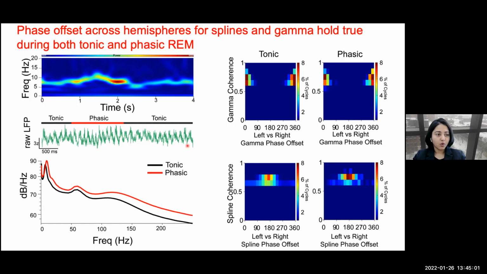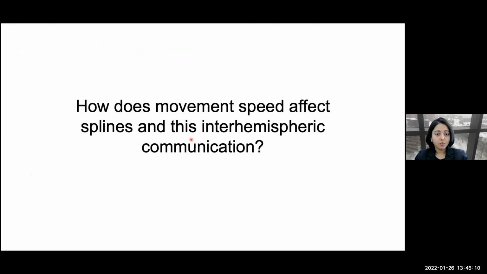Okay. So now that we have looked at REM sleep and broadly at the freely moving active states, we wanted to know further if movement speed specifically affects splines and this interhemispheric communication.